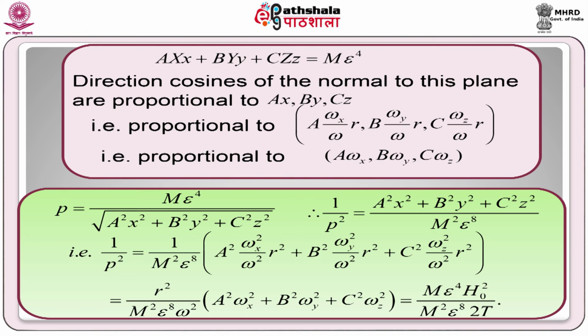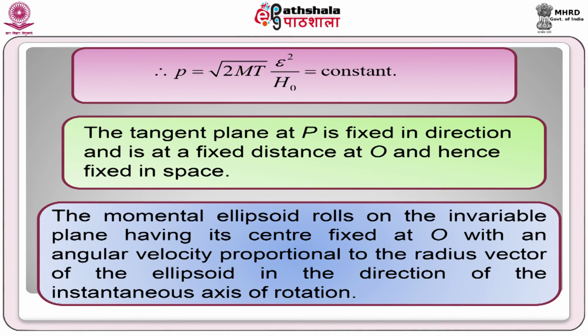The perpendicular distance of the tangent plane from the origin is small p equal to capital M into epsilon to the power 4 divided by the square root of capital A square into x square plus capital B square into y square plus capital C square into z square.